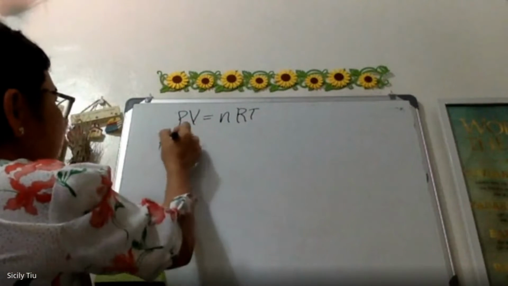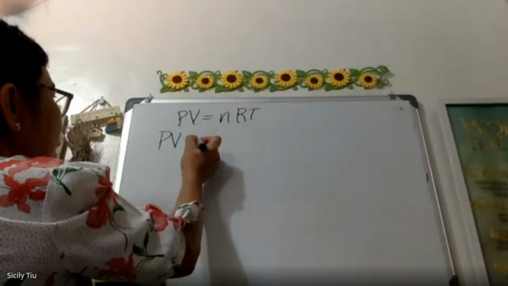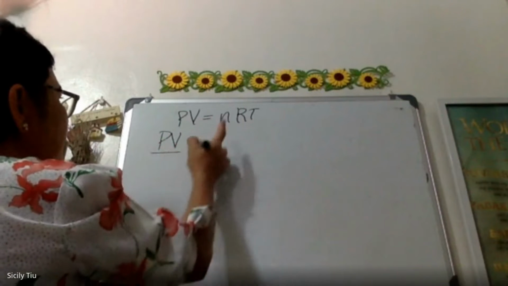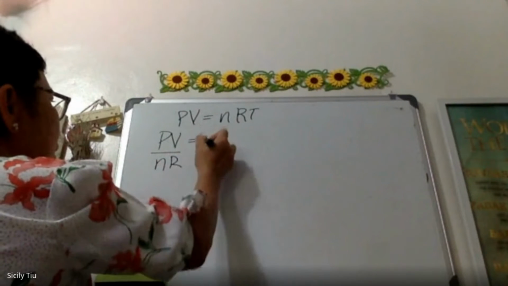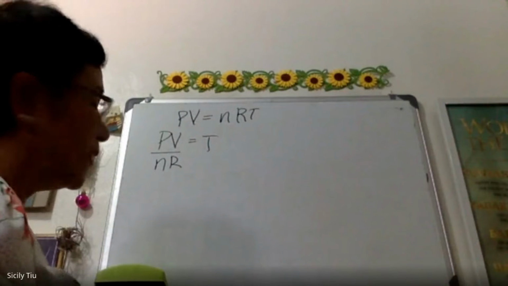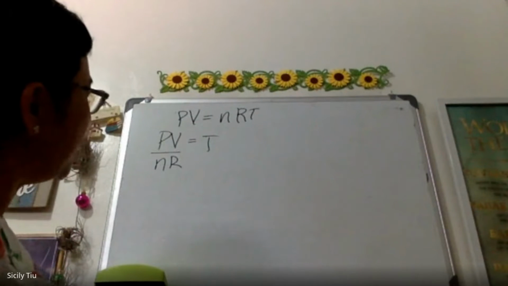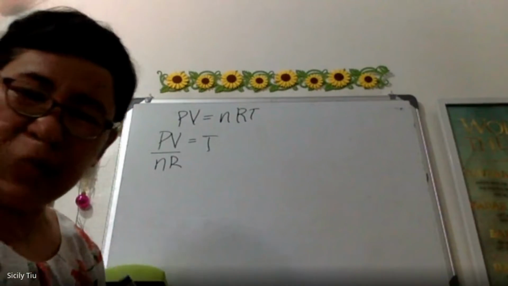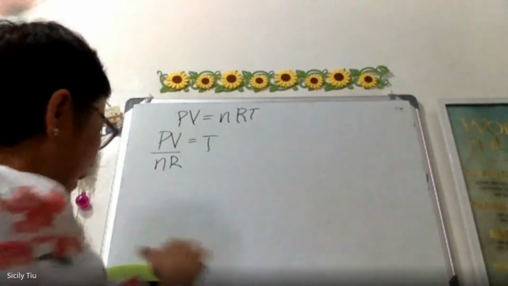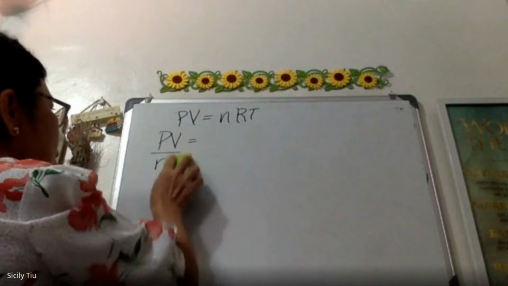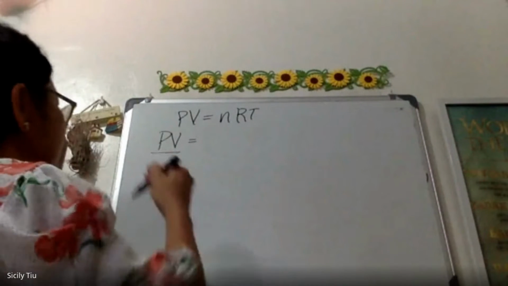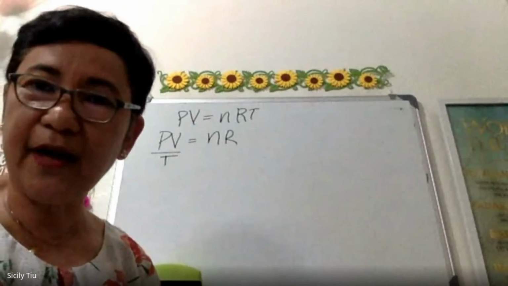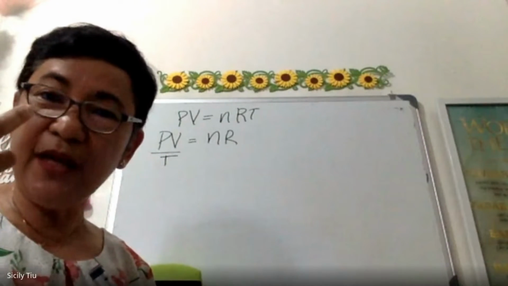If I say PV is equal to nRT, so, what comes to mind there? Do you think we can simplify something? What about if I change this to PV over T is equal to nR? Okay. So, what comes to mind now?